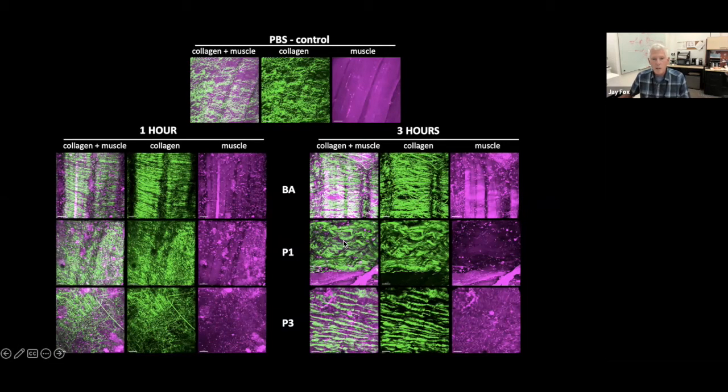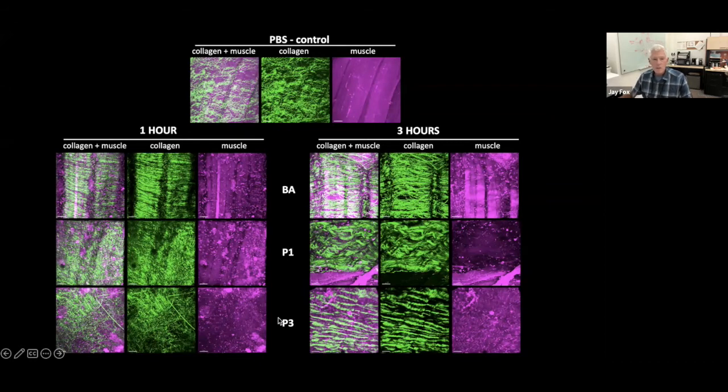However, when you go out to 3 hours, there's a pronounced change in comparison to the control, where you see this condensation of the fibers into these strands, sort of kinky strands in this case, rather large, very much different from what is seen in the venom itself, and very disrupted muscle structure underneath.